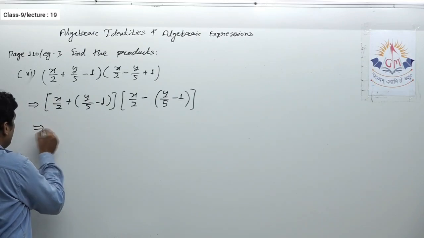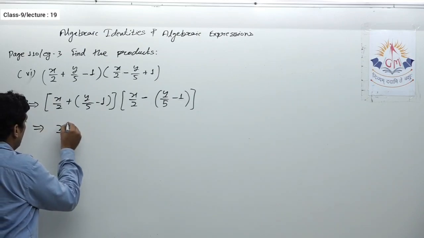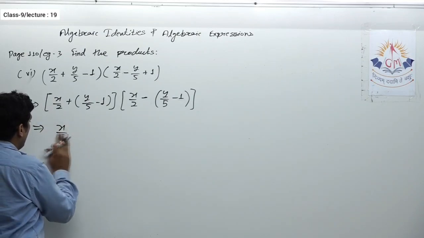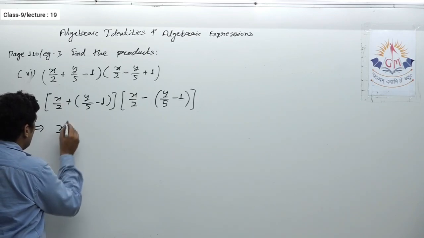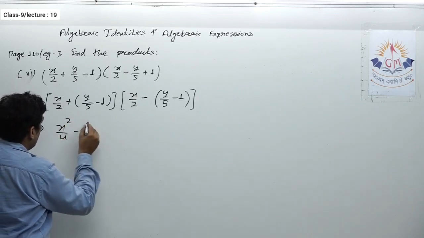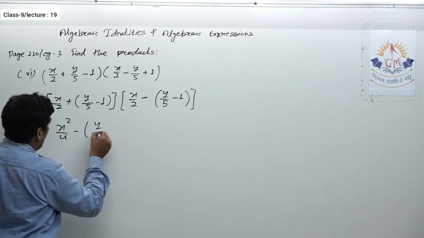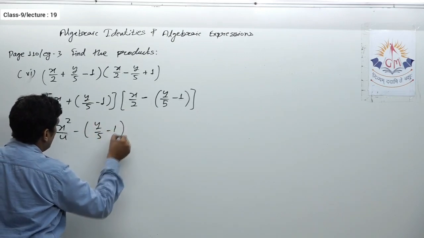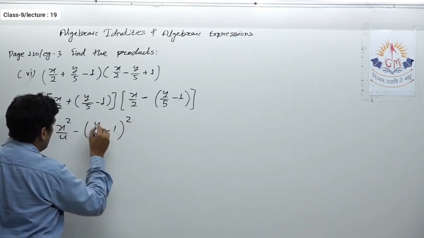So this will become A square, that is x square by 4, A square minus B square, that is y upon 5 minus 1 whole square.